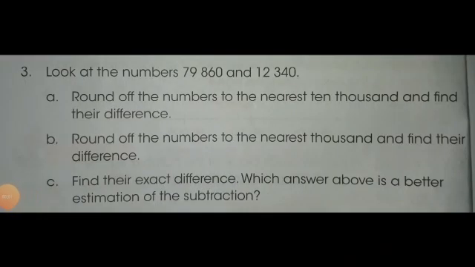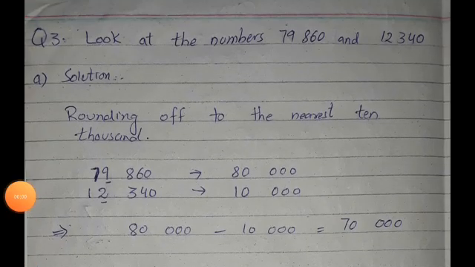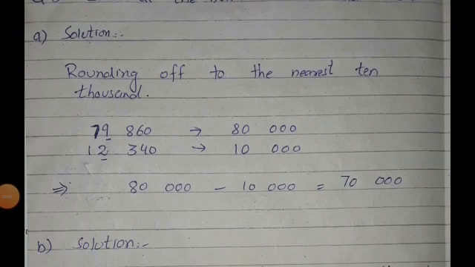Question number 3. Look at the numbers 79,860 and 12,340. Part A is round off the numbers to the nearest 10,000 and find their difference. Students, you have to write the full statement and then write the solution. Rounding off to the nearest 10,000. As you can see in the same pattern, to round off 7, we will look at the 9.